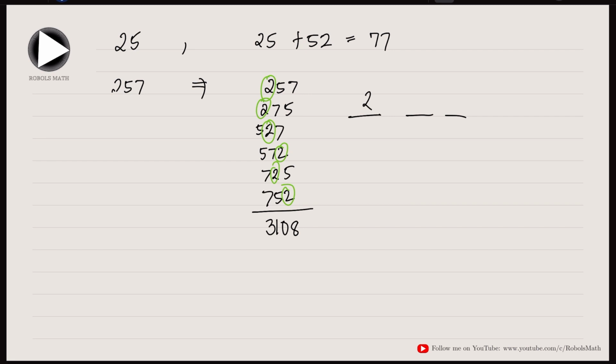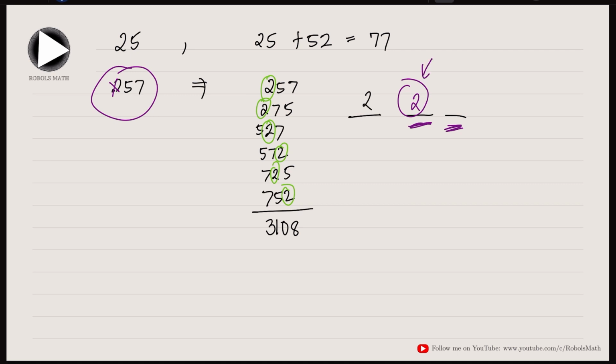The question is, how many instances do we get 2 as the first digit? This is pretty straightforward if we're familiar with the fundamental counting principle. We just have to multiply the number of possibilities for the second and the third digit. For the second digit, since we're only looking at three possible choices of digit and one of them is already fixed at 2, there are only two possible cases.